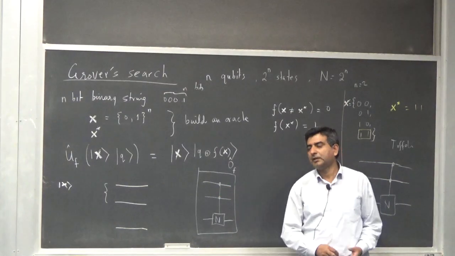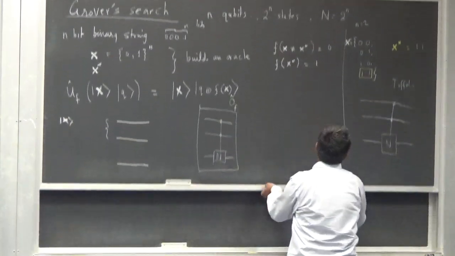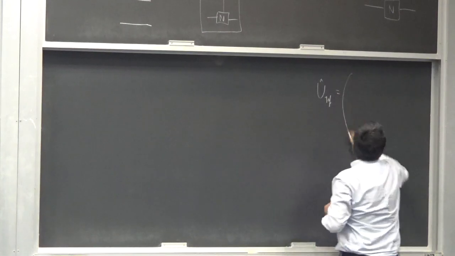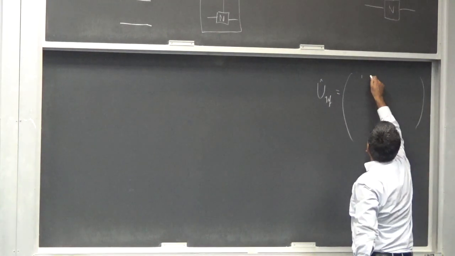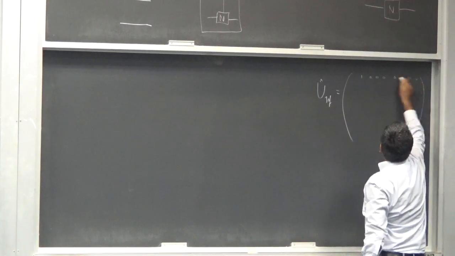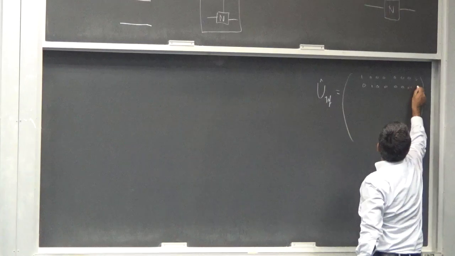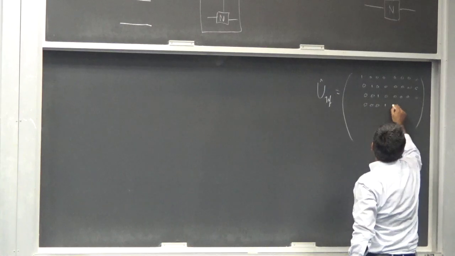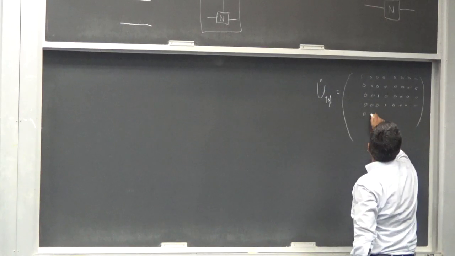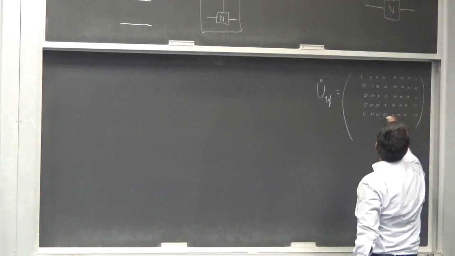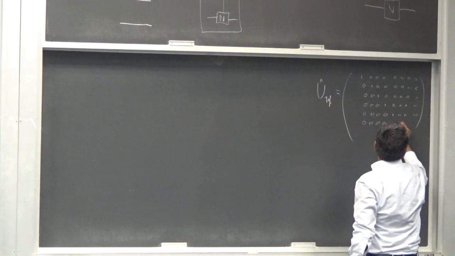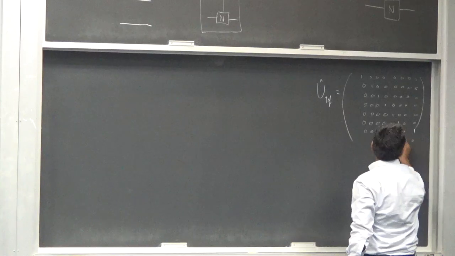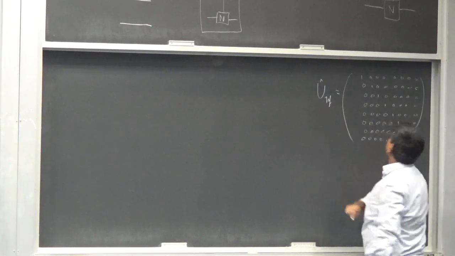No. So if you look at the unitary gate for the Toffoli, the matrix for the Toffoli gate, U Toffoli, it's an 8 by 8 matrix. This is what the Toffoli gate looks like.